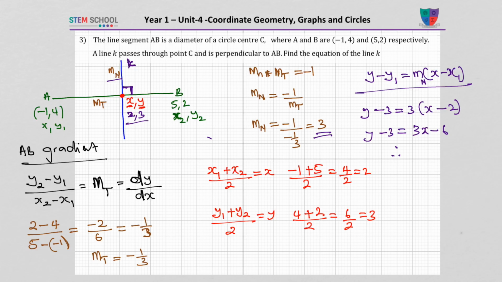Therefore, y equals 3x minus 3. So that's the equation of the normal. The equation that is perpendicular to line AB is y equals 3x minus 3.